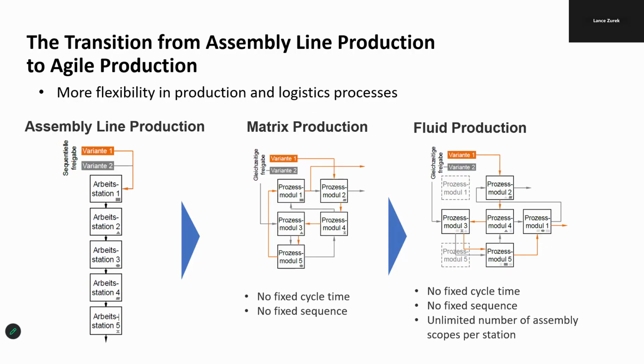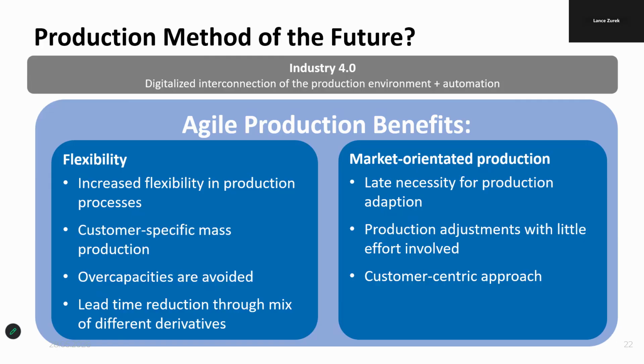And it's with this in mind that the industry has increasingly transitioned from the assembly line production method, with its rigidity and constraints, instead to methods such as the matrix production model, which eliminates the fixed time cycle and the fixed sequence of processes, or to fluid production models, which also allow for an unlimited number of assembly scopes per station.